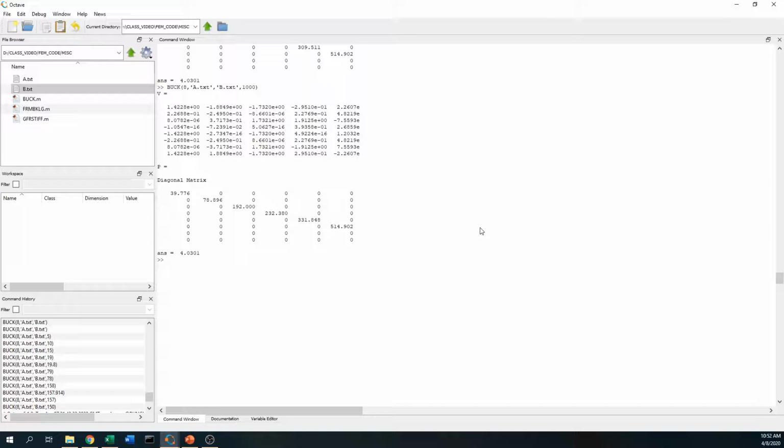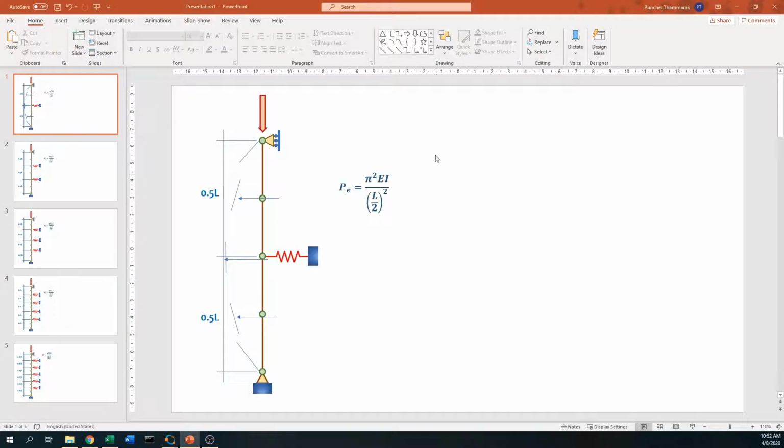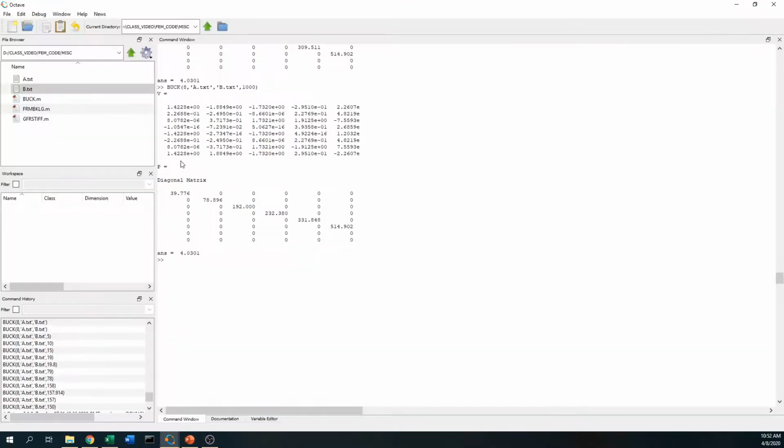Basically, it is just the elastic buckling load of this part here, the top part here. So you can go back and check the eigenvector and try to plot how the buckling shape looks.